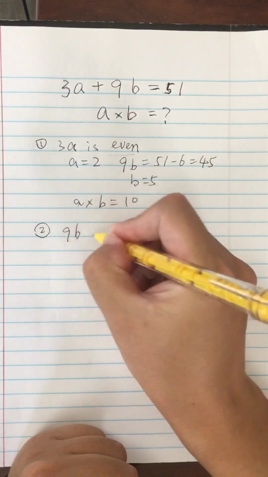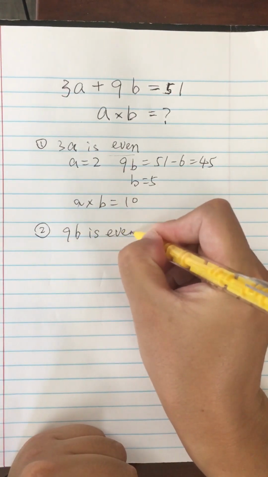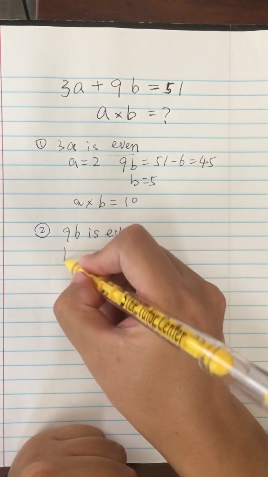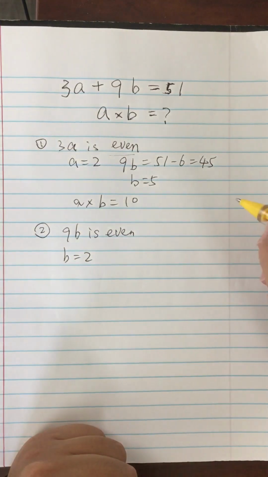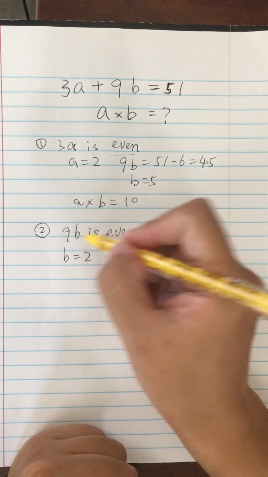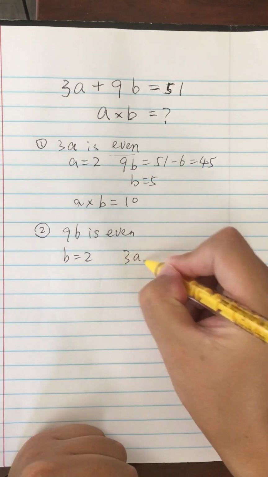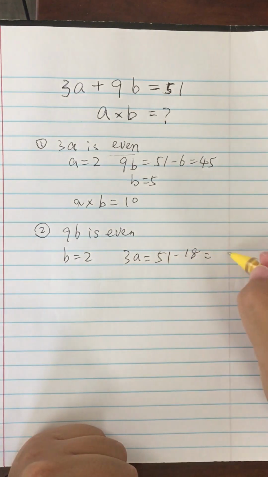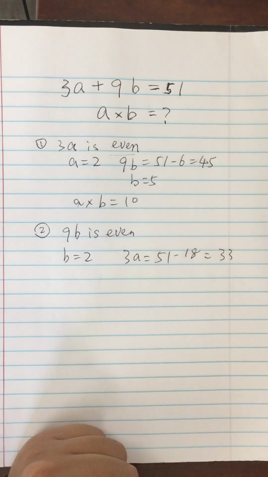9b is even. If 9b is even, that means b equals 2, and then 9b is 18. So 3a is going to equal 51 subtract 18, which is 33.